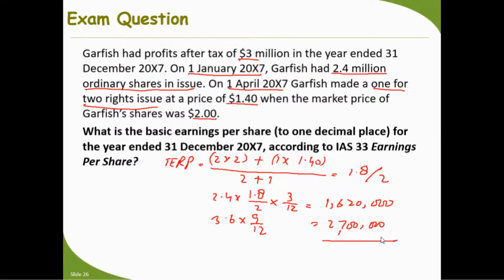Now plus 1,620,000 is equal to 4,320,000. This is the weighted average number of shares.